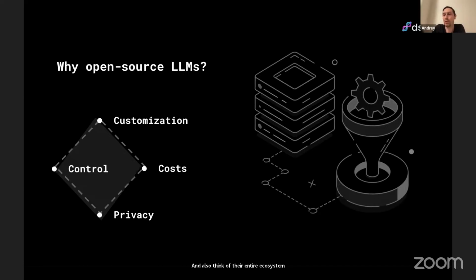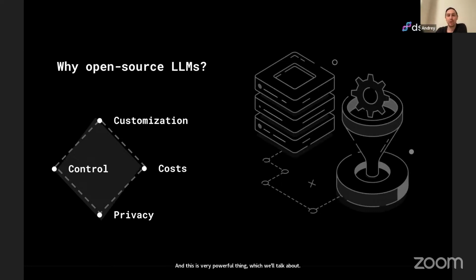So, for example, if one company open sources an LLM, it means that on one hand, you can use these weights for deployment, then you can fine-tune this model, then you can also follow the architecture of the model and try to use it for training another model. And by sharing weights with the community, you allow the entire community to build on top of your model and customize this model for very specific use cases. And this is a very powerful thing, which we'll talk about in more detail today.